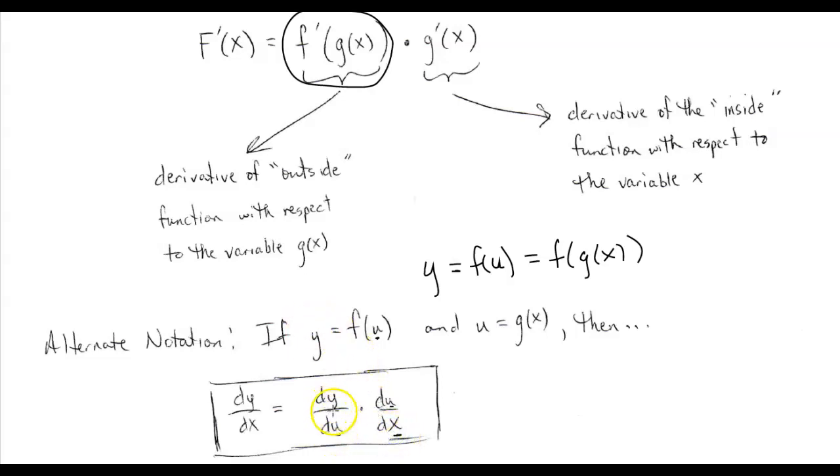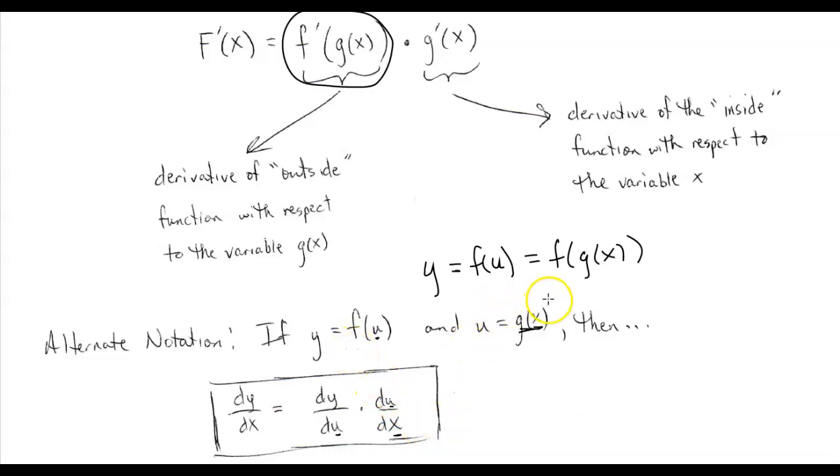If we replace whatever the inside is explicitly with just u, that's like me saying it's blah. I don't care what it is. In this first step, I just take the derivative of what I'm looking at as if u was the variable in the first place.